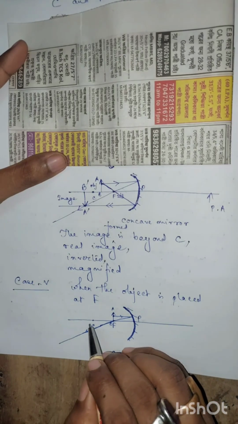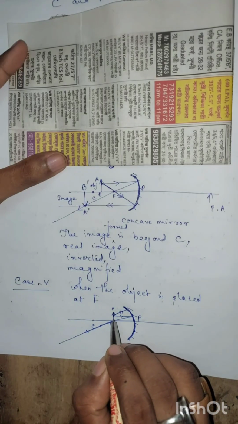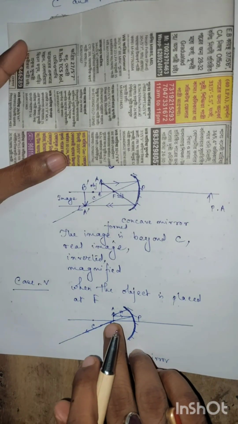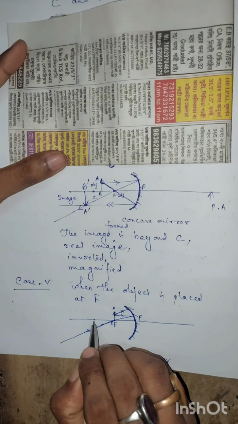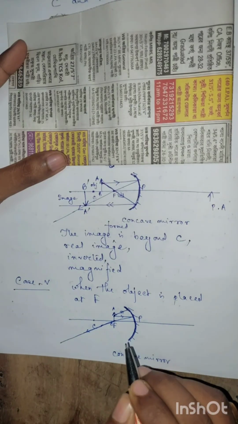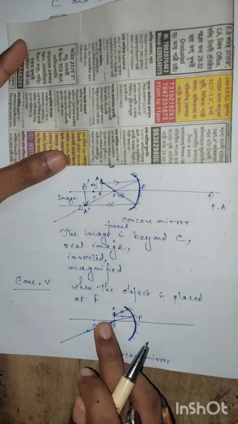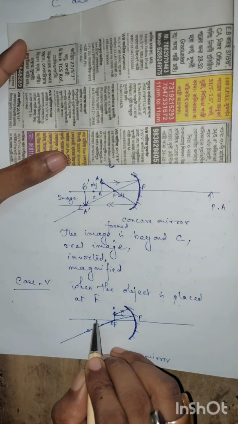And the second ray, let us assume the second ray is moving in the direction CA. That means the second ray, when produced backwards, passes through the center of curvature.